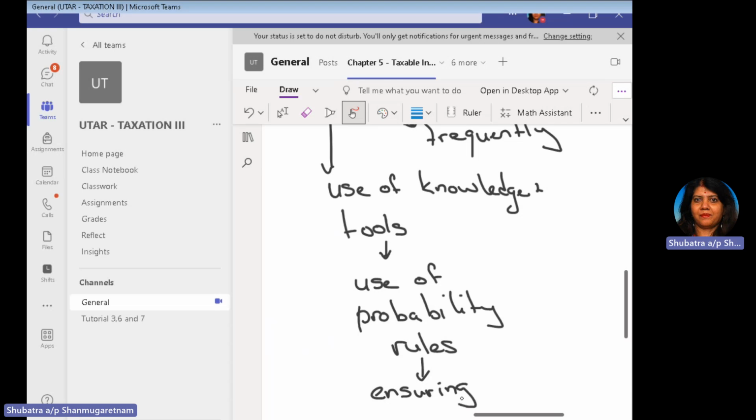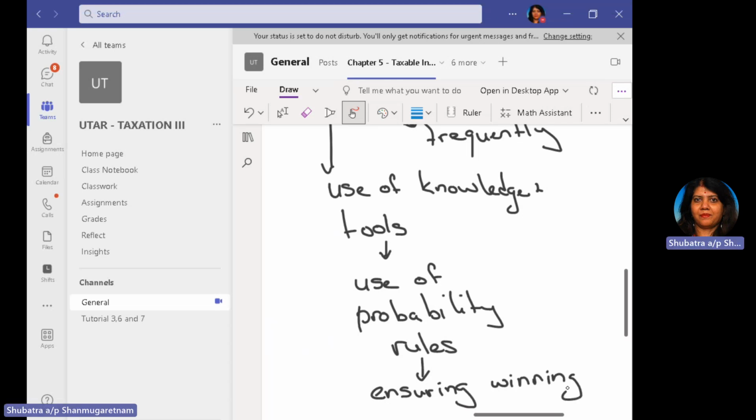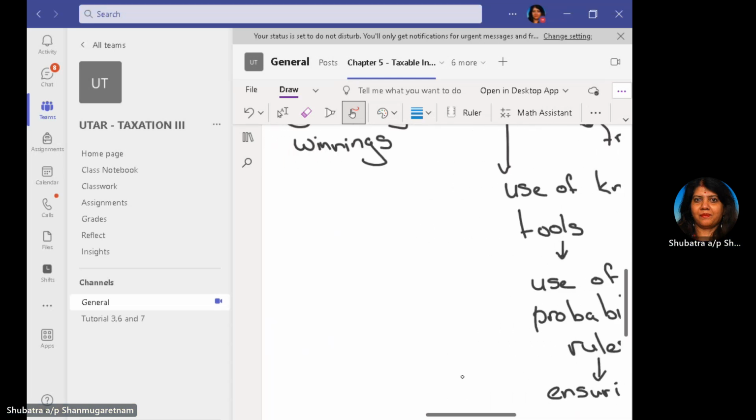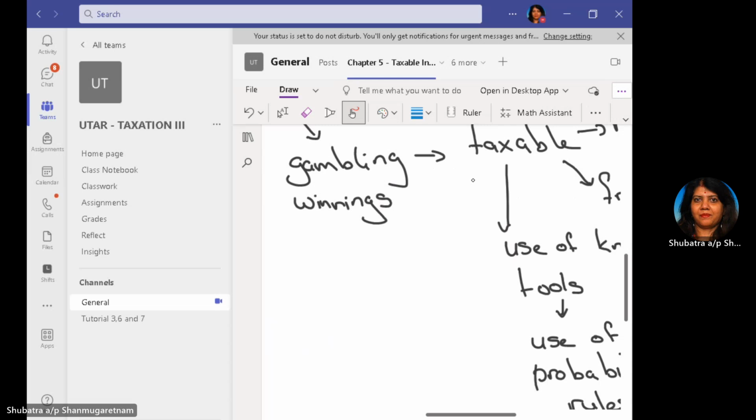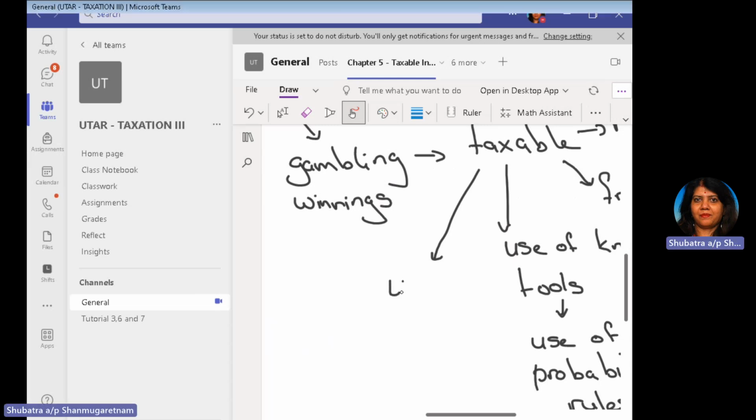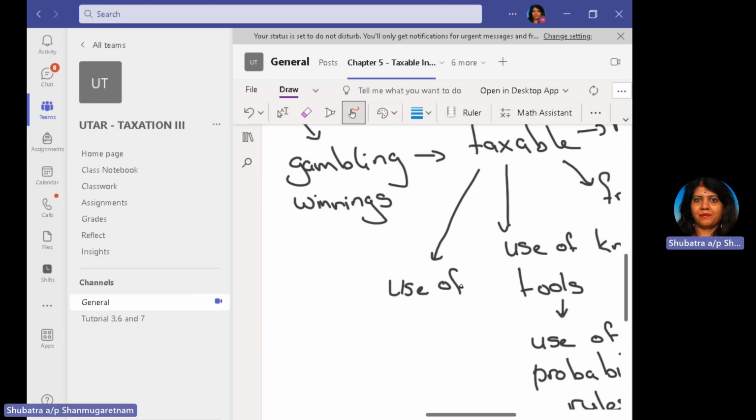So Inland Revenue said, then it's no more windfall, it's no more luck. You are making sure you get a winning. All right? Now, use of systematic means.